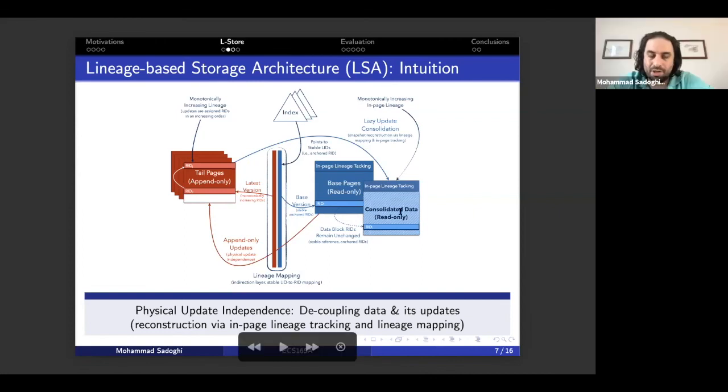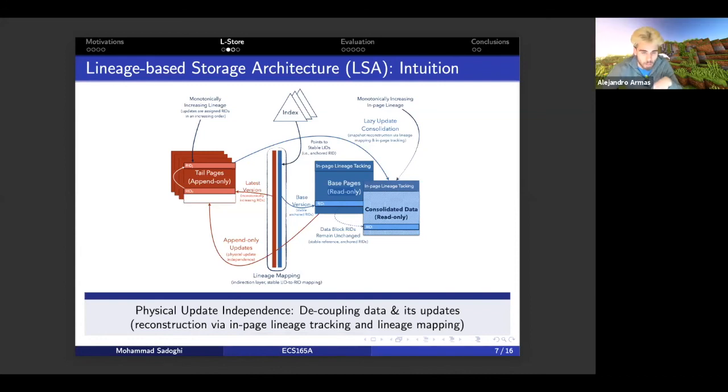Sure. So when I'm doing an update, I read my base page, or I read the latest version of the record, and then whatever changes I need to make, I add a tail record. Does that part make sense? Yeah, that part makes sense.